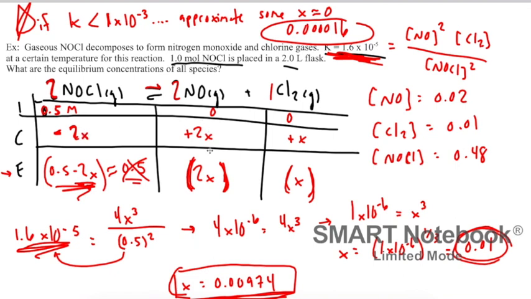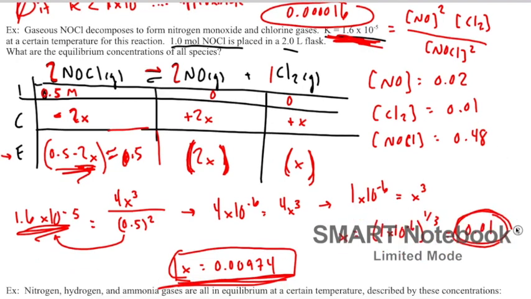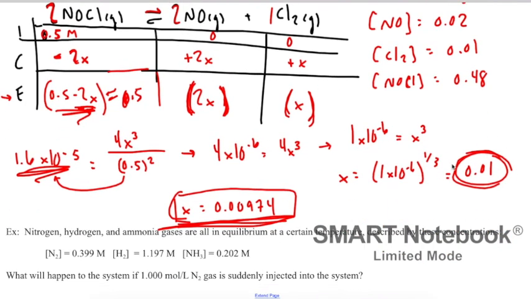I don't want to approximate away this because I actually need these in my equation. I approximated away this change, and I said that this might as well just be 0.5. It might as well not have changed because the change is so tiny. And then that allowed me to create a simpler equilibrium expression and solve for an approximated x value.